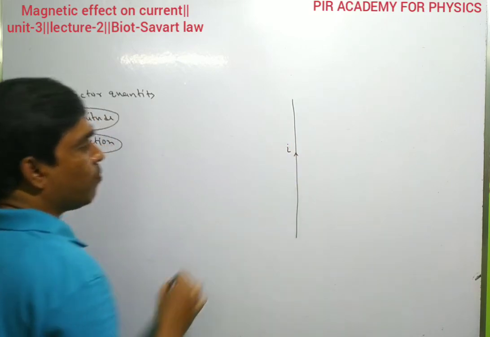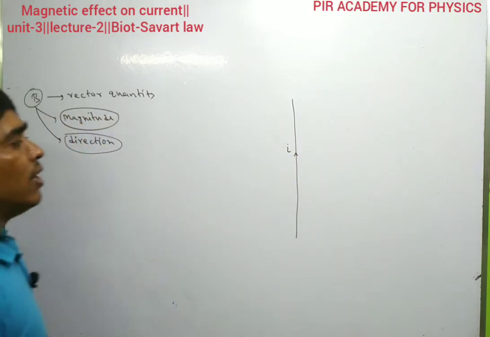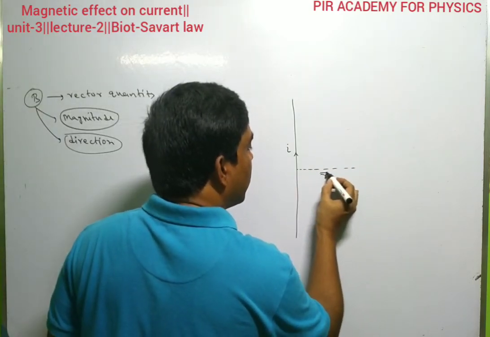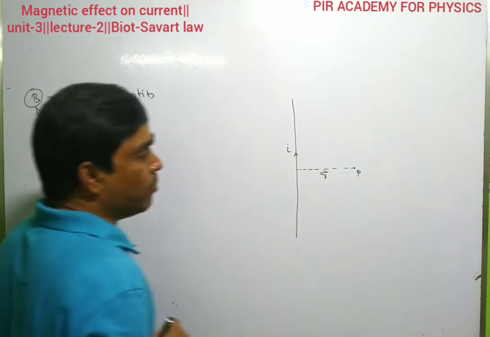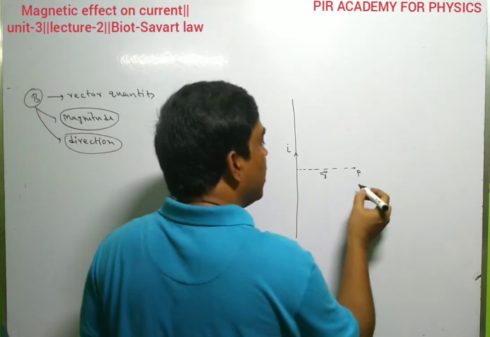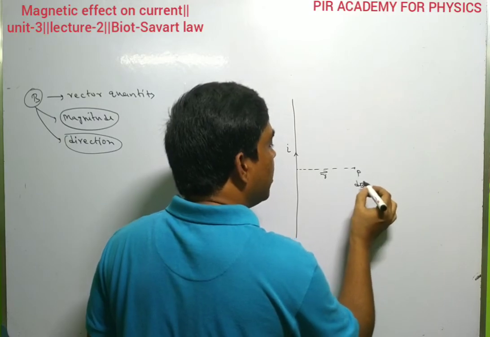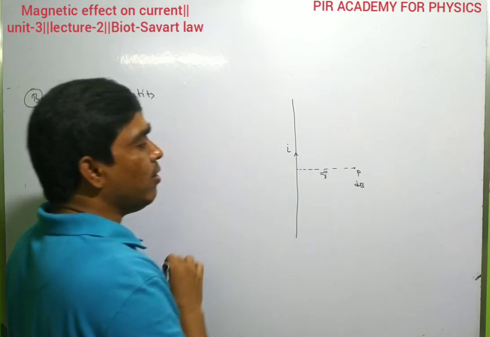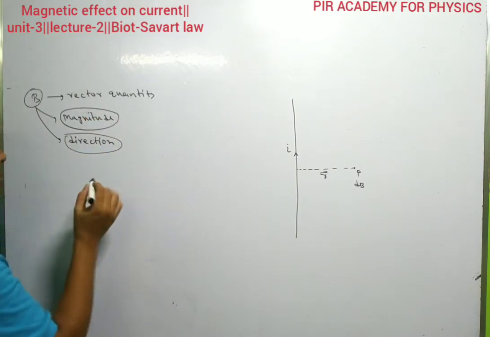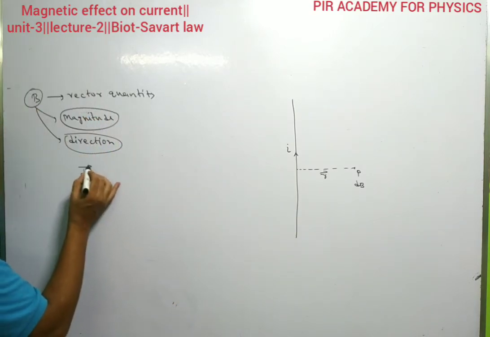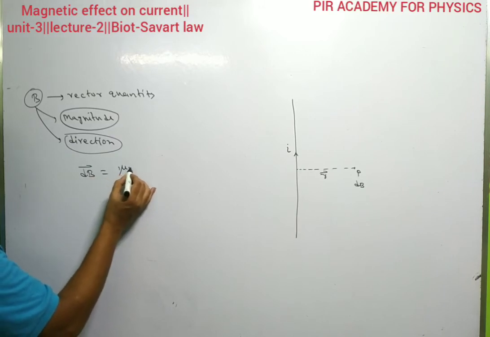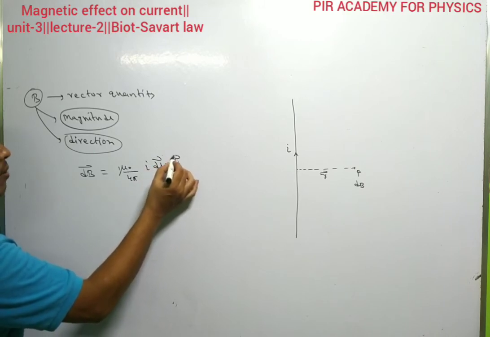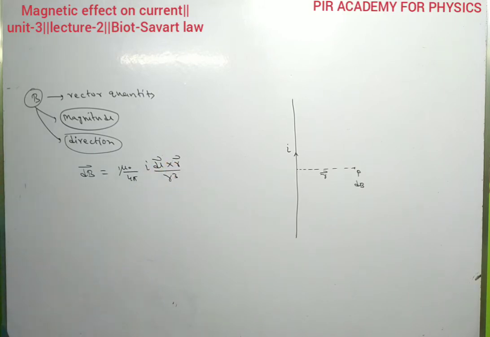Okay, how to calculate the direction of magnetic field? Suppose this is a current carrying conductor, here is r, and this is point P. You have to find the magnetic field at this point and its direction. We have learned the vector form of magnetic field: mu 0 divided by 4 pi, I dl cross r vector divided by r cube.